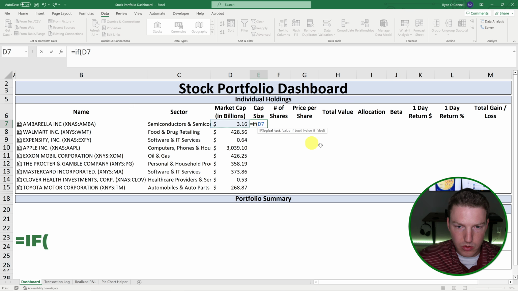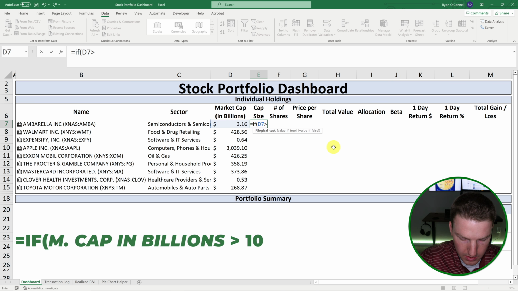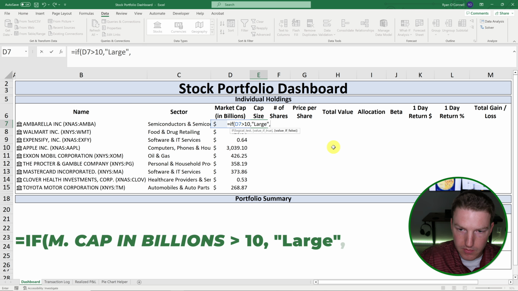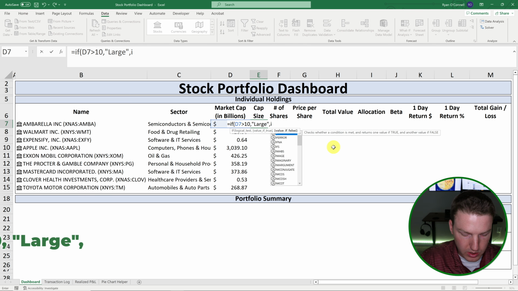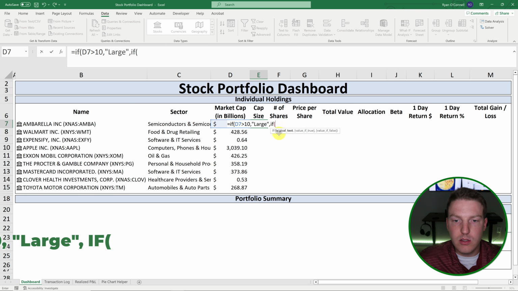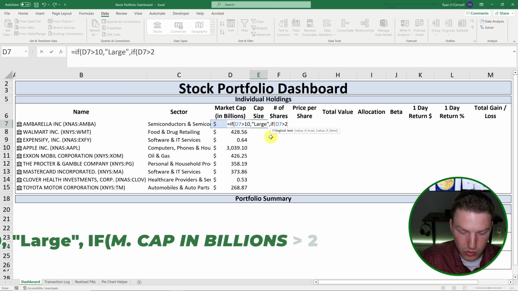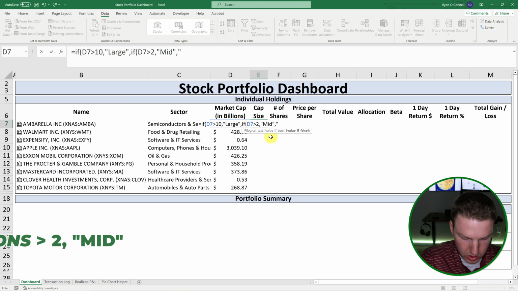So we'll say equals to if this is greater than 10, we'll call this large. Then if this is actually not greater than 10, so if that's false, then we'll now look at whether this is greater than 2. And if it is, we'll call it a mid-cap stock. And if it is not, we'll just call it small.